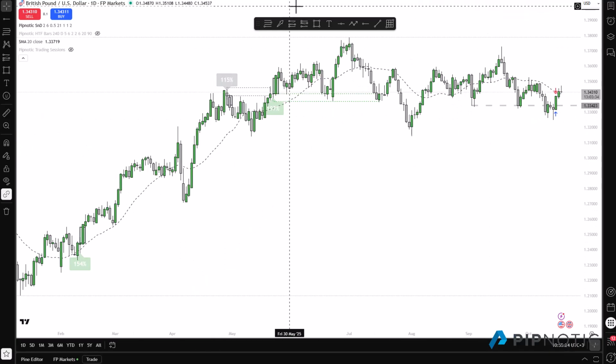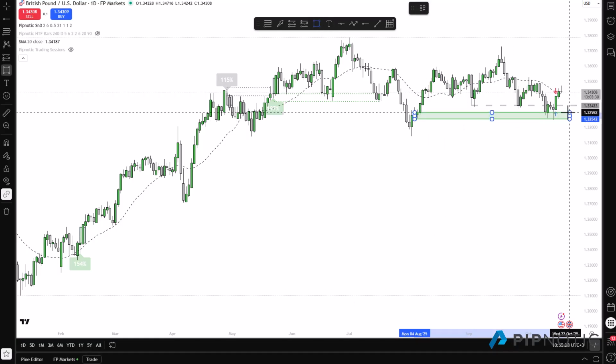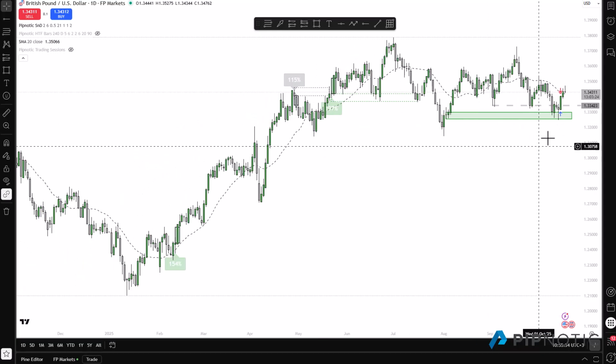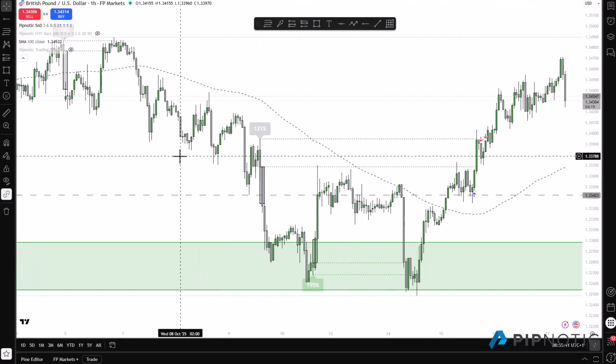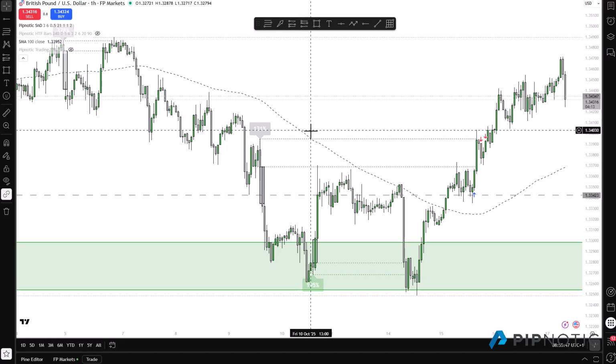Well, price went to an area of demand just here, as you can see. Price went into that level, we had a deeper push, and then we left. So I'd wait for price to visit these areas, and when it does, I would go to a smaller time frame and look for something to tell me that price is indeed going to respect this.